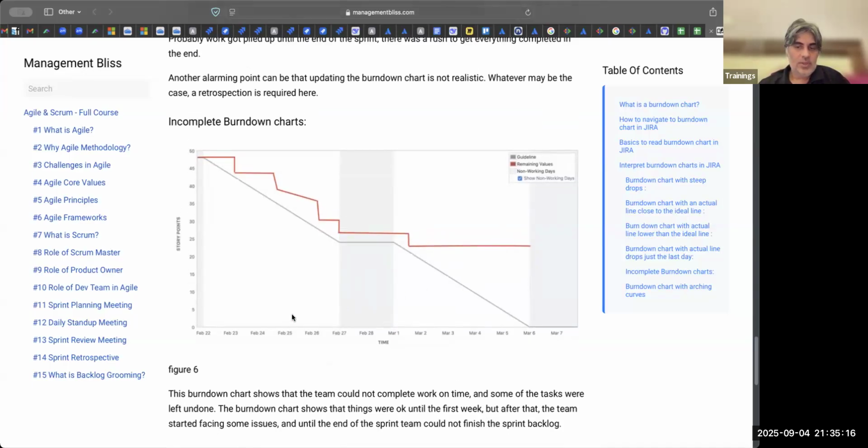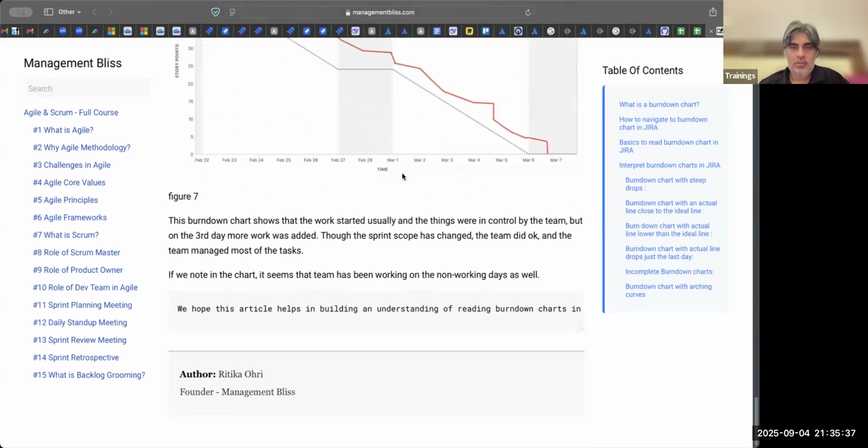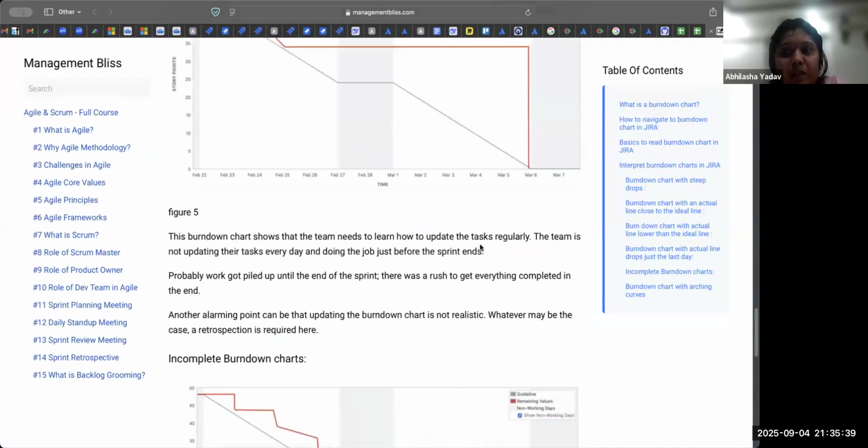Yes, Wasim sir. No, sir, you got it right. Yeah, Abhilasha ma'am. Sir, I have shared one screenshot. Can you please open it? I just want to know what the vertical lines mean. I have shared it in the chat, it is from our sprint board.